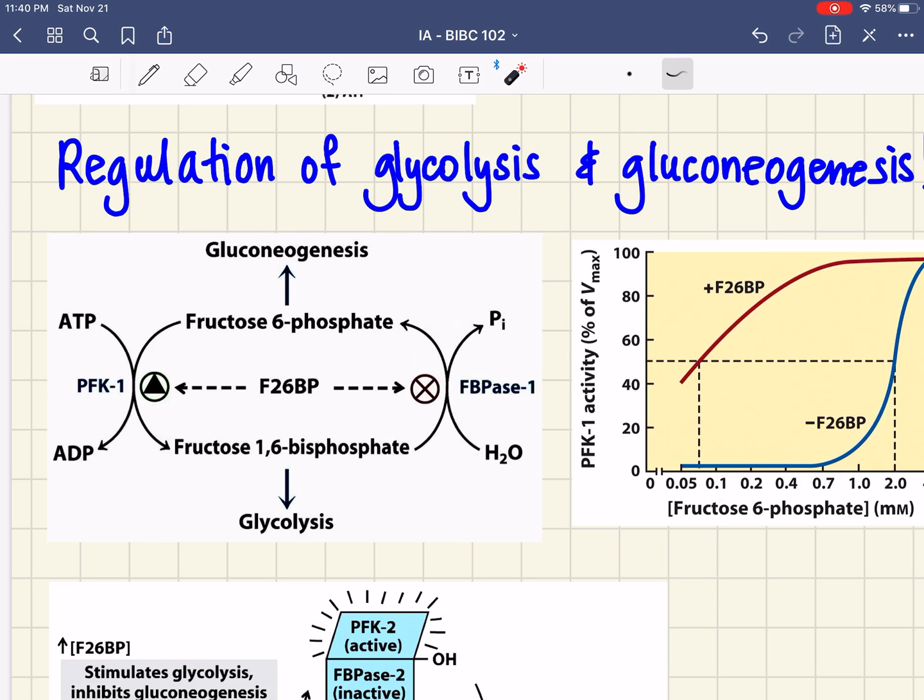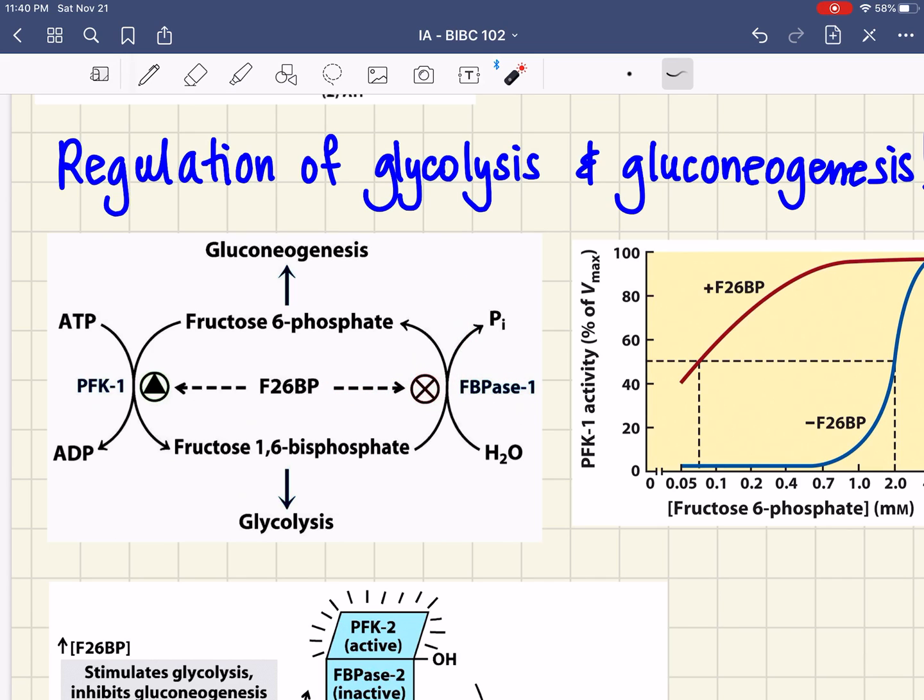And at the same time, if there is fructose 2,6-bisphosphate, because there is glucose, the cell wouldn't want to make any more glucose through gluconeogenesis. So it will inhibit the enzyme that allows the cell to do gluconeogenesis.